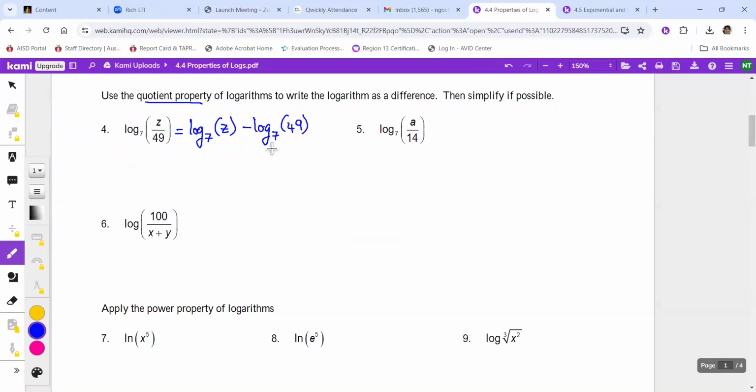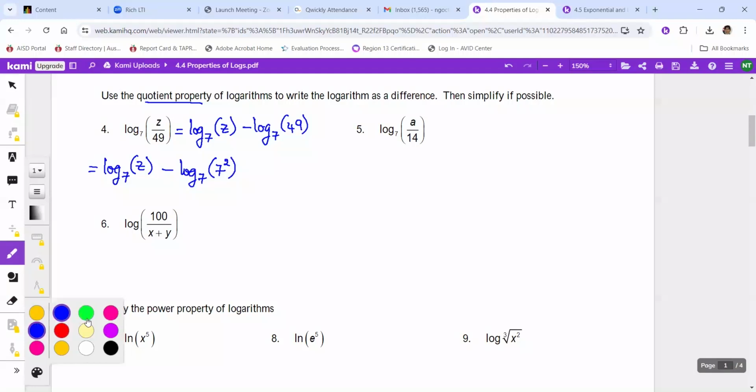But again, we don't stop. If we can continue to simplify, then we just go ahead and keep going. Log base 7 of the variable z stays, but log base 7 of 49 we can simplify. 49 is 7 to the power 2.